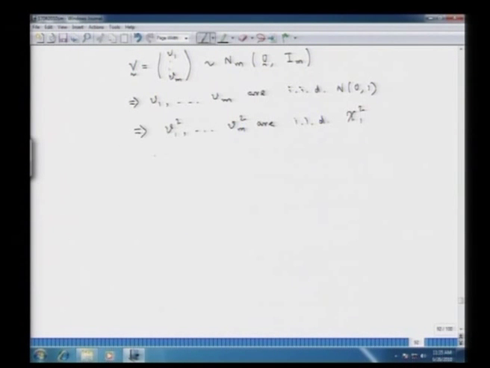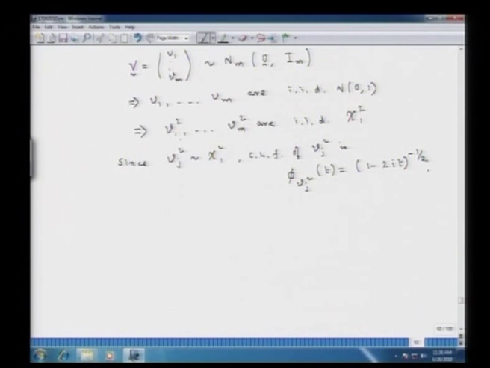So, since this Vj square has a chi-square on 1 degrees of freedom, the characteristic function of this Vj square is given by phi Vj square t, that is equal to 1 minus 2 I t, raised to the power minus half, right. So, we will use this characteristic function.